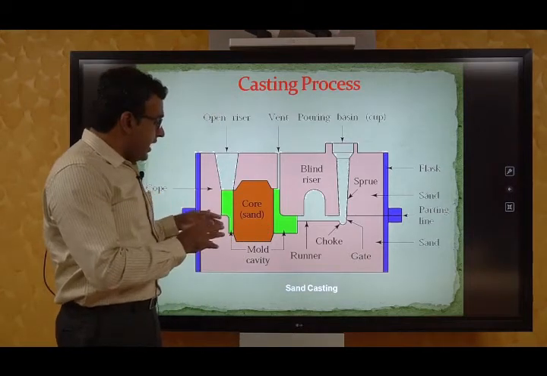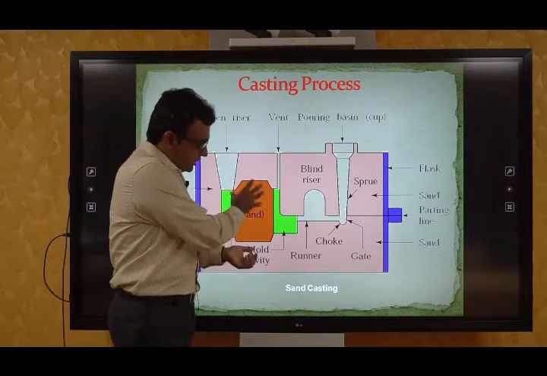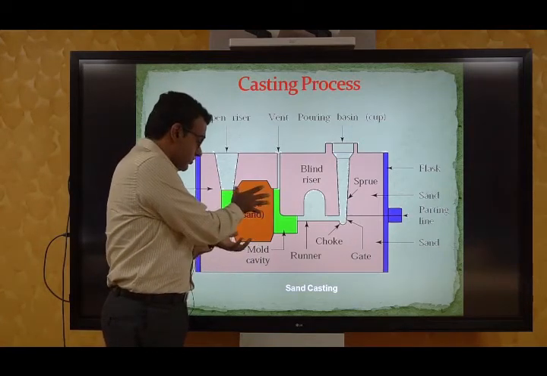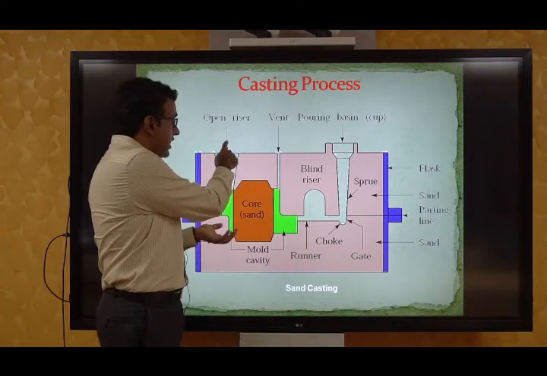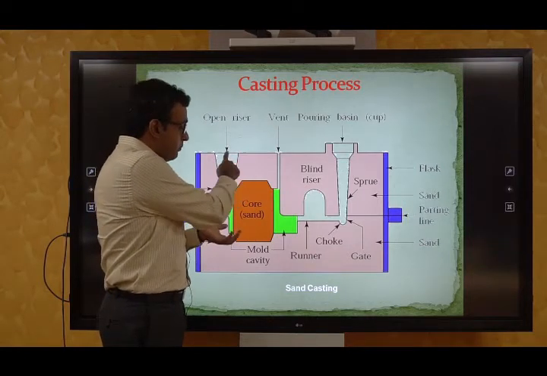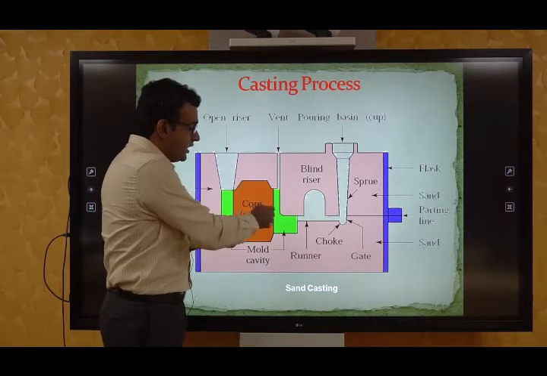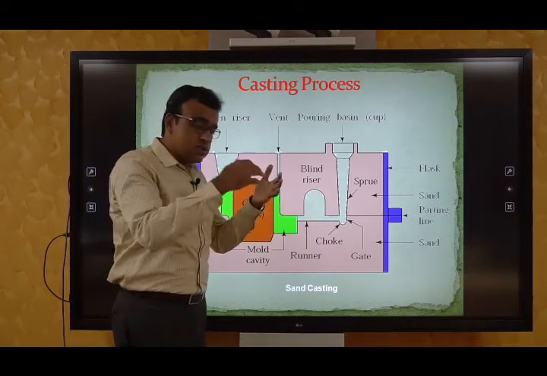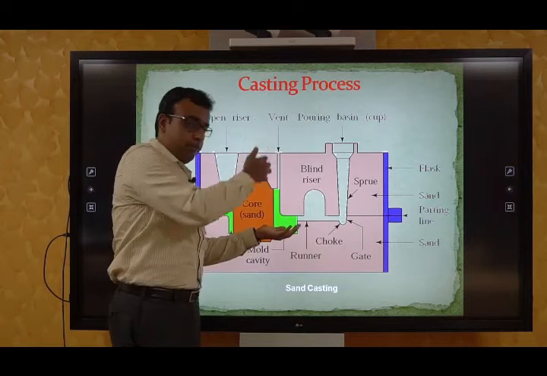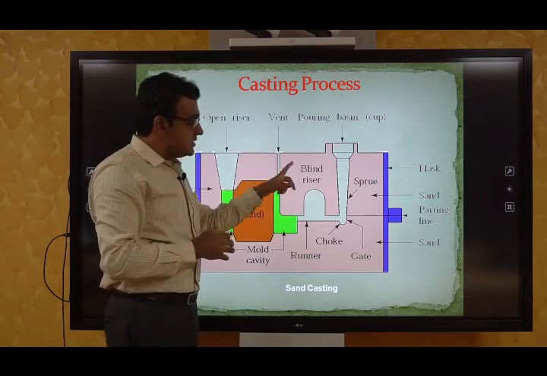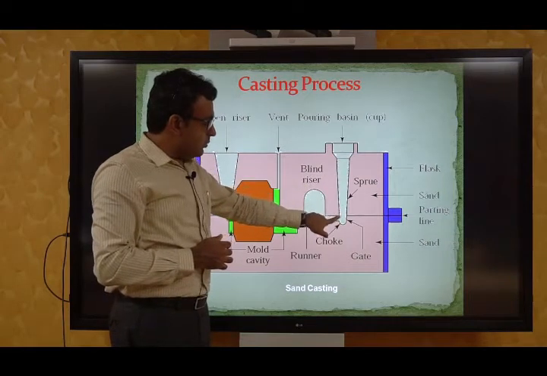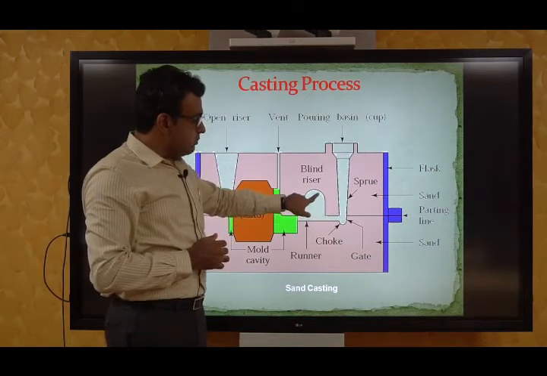Now we have an inner core also in it, where we don't need any molten material, so we have kept something there. Then we have portions through which we can pour molten material, and when it becomes in excess, it will come up. So there is a pour-in basin here, and there is a blind riser.